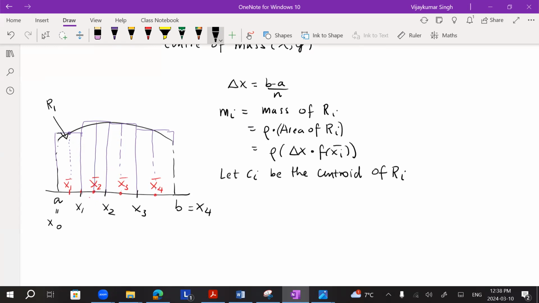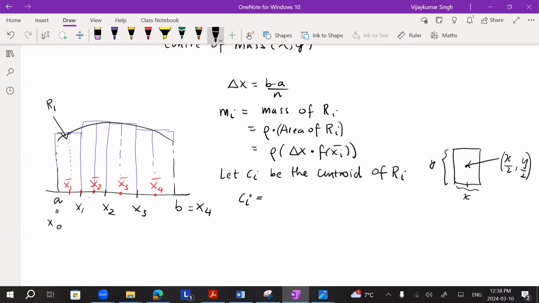Now note that this is interesting. If I take a rectangle of uniform density, then the center of mass is going to be halfway. So it's half of this and half of that, right? If this is X and this is Y, the center of mass is going to be at X by 2, Y by 2, because this is of uniform density.